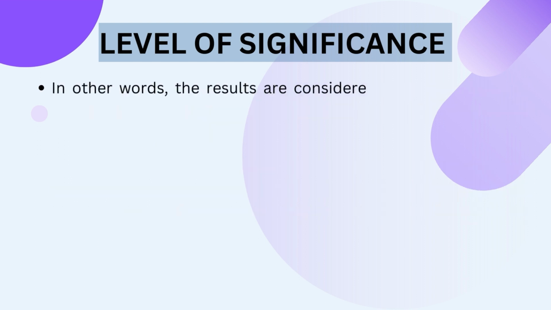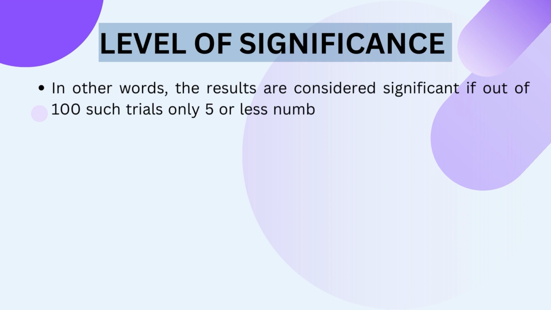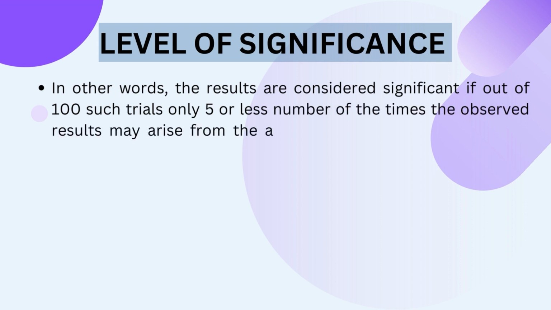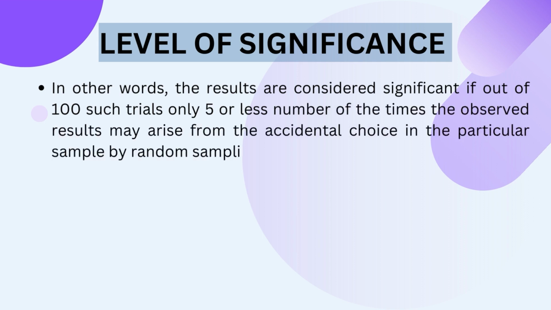In other words, the results are considered significant if out of 100 such trials only 5 or fewer times the observed results may arise from the accidental choice in the particular sample by random sampling.